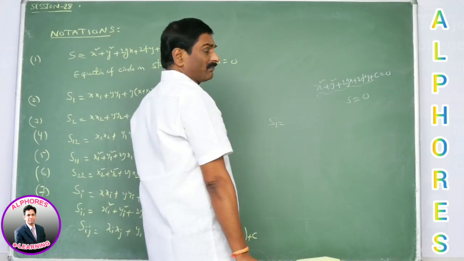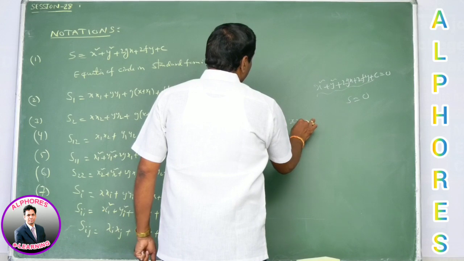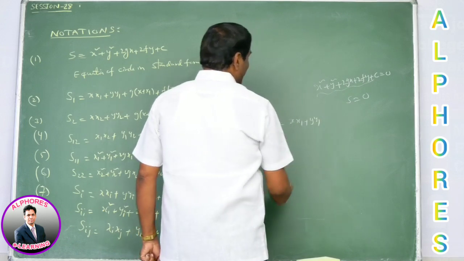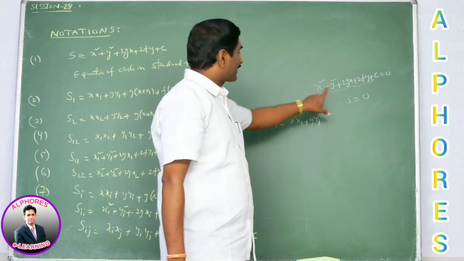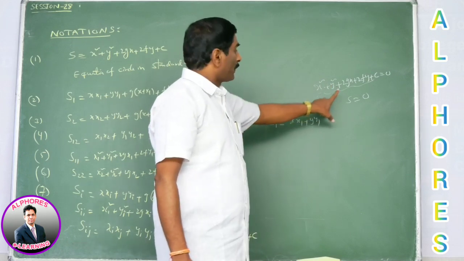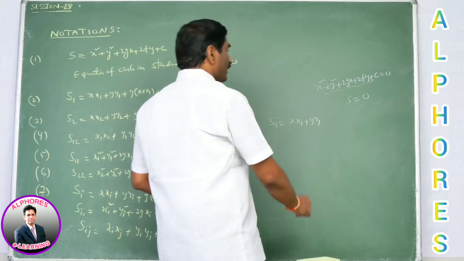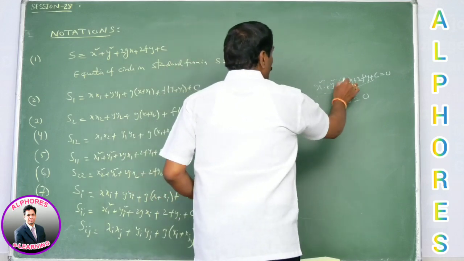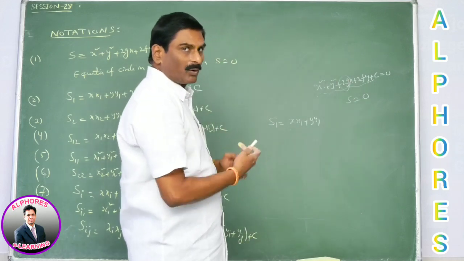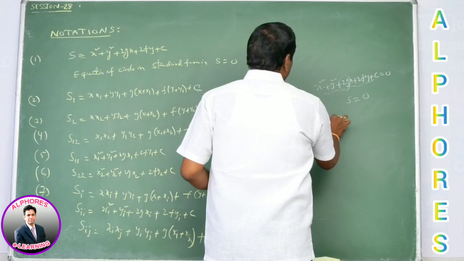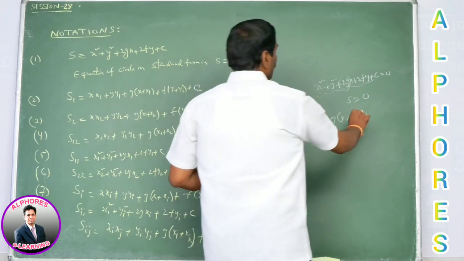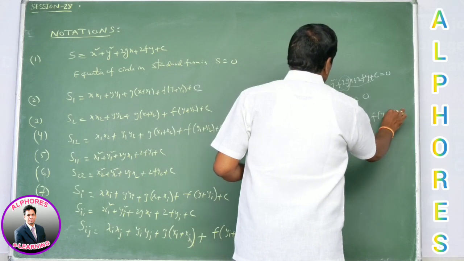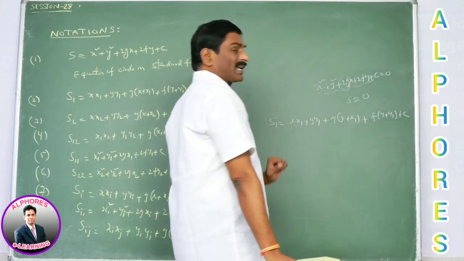Next, S1. What is the value of S1? S1 = xx1 + yy1 + g(x + x1) + f(y + y1) + c. Here x square is replaced as xx1, y square is replaced as yy1, and 2gx is replaced by half of the coefficient: 2g is the x coefficient, but you take half of the coefficient, so g of (x + x1). Similarly f of (y + y1) plus c. It is the notation of S1.